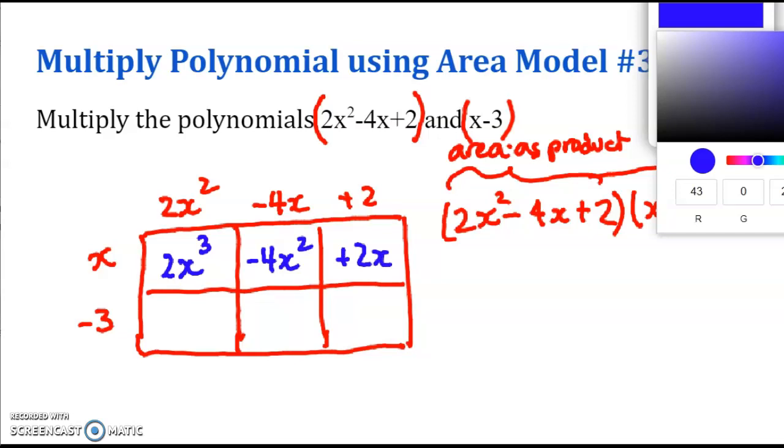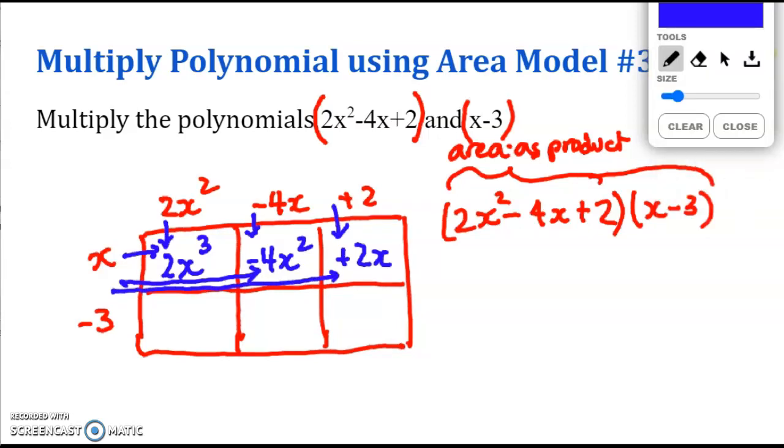So again, when you're multiplying, make sure you are clear on what you're multiplying by what. Okay, so for this box, you're multiplying these two. This box, you're multiplying these two values. So for this value here, you're multiplying 2x squared by negative 3.